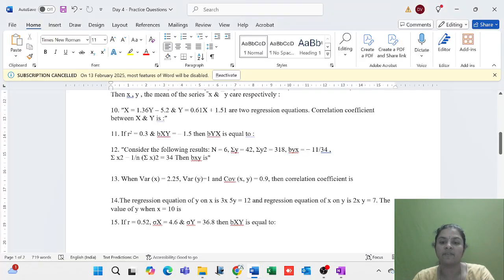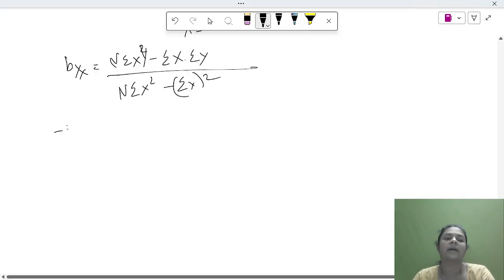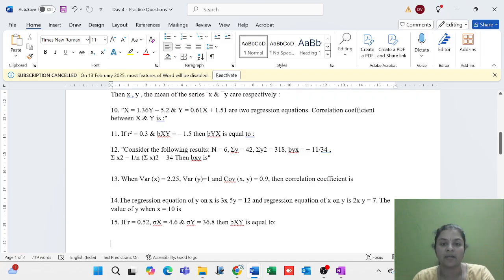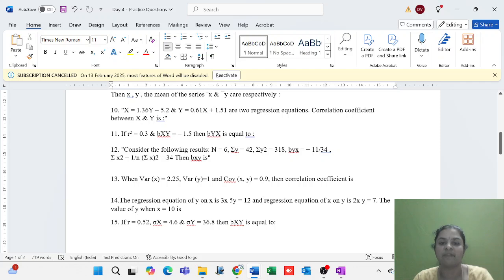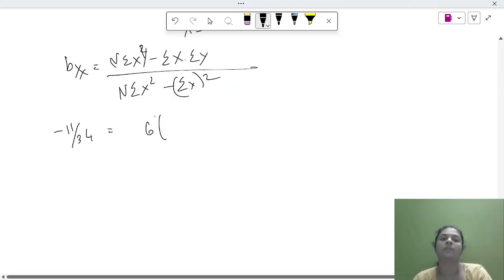Now they have given byx is equal to minus 11 by 34. Let us substitute 6 into sigma xy. Sigma xy value is not there. Is sigma x value there? That is also not there. So in the numerator, except for n, we don't have the value.